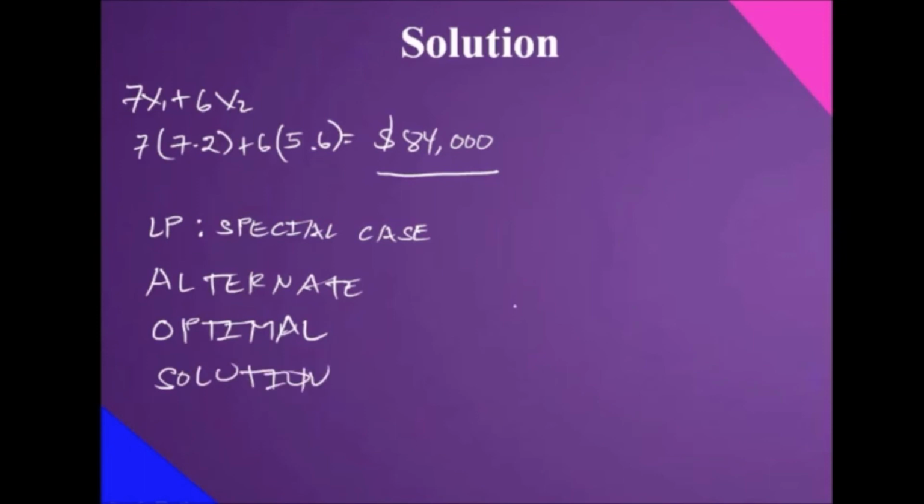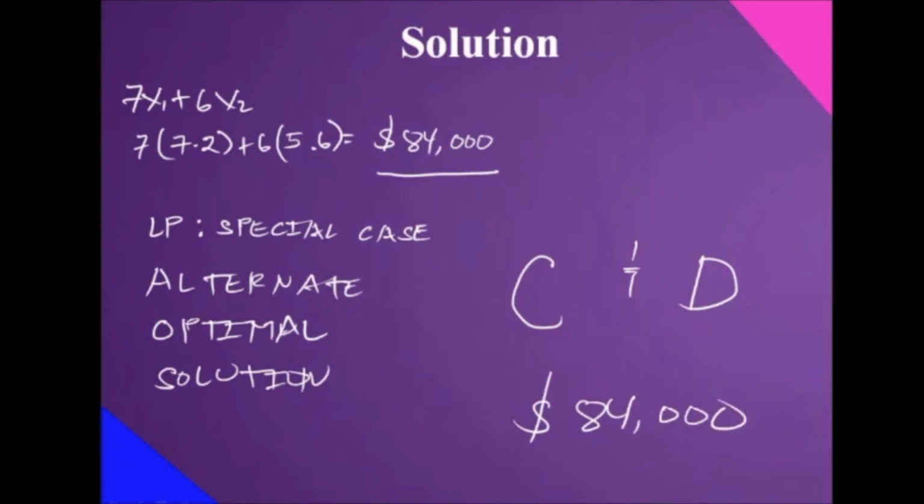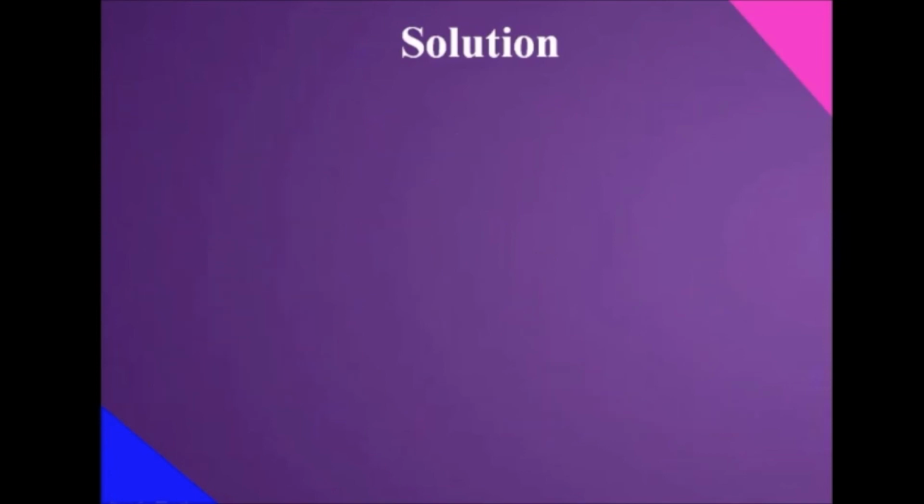Ibig pong sabihin, ang sagot natin is yung point C at yung ating point D, kasi pareho sila na magbibigay sa atin ng profit na $84,000. Kaya po siya naging alternate optimal solution.